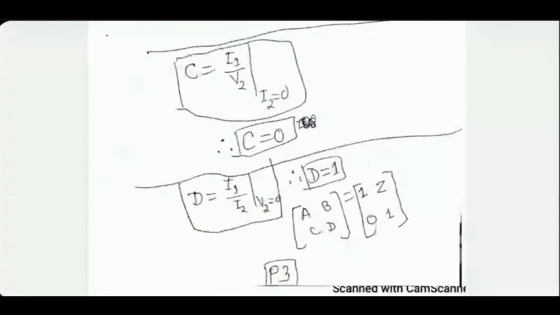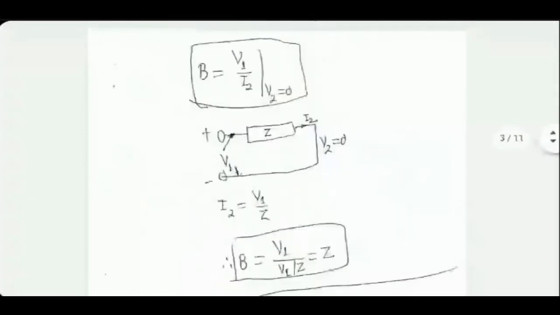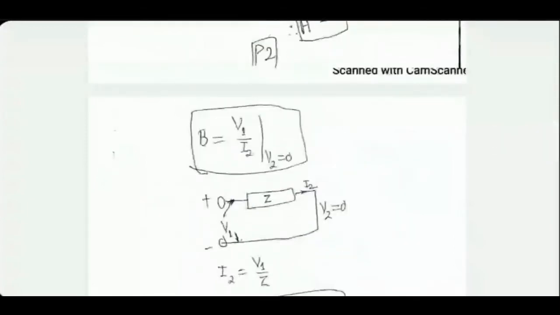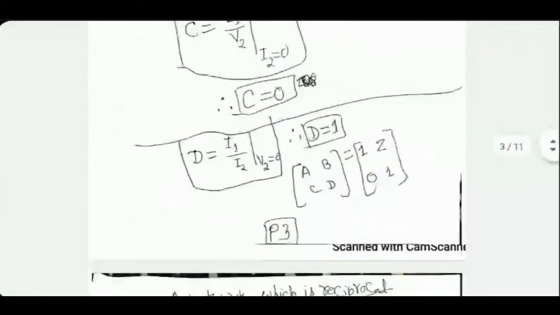And D is I1 divided by I2 when V2 is 0. So if V2 is 0, look at this diagram. I1 divided by I2 is 1 because I1 and I2 are equal. Hence, we have figured out the 4 parameters of a series impedance. They are 1, Z, 0, and 1. Okay, simple exercise.